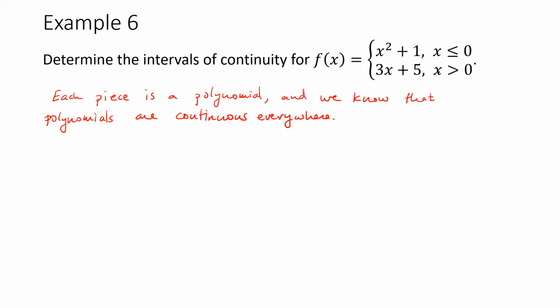So x equals 0 is where the two graphs change from one piece to the next, right? The only point to consider here where there could potentially be a point of discontinuity is at x equals 0.